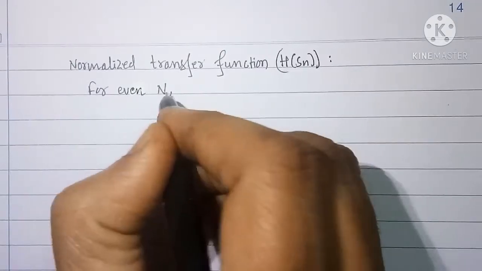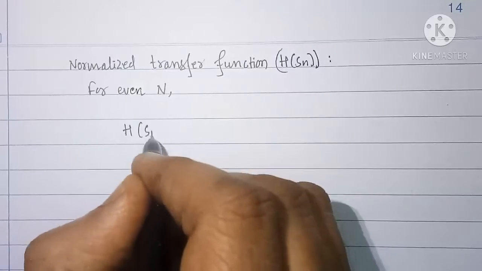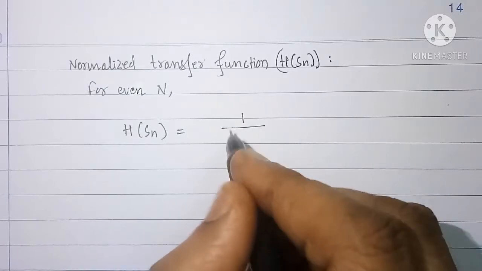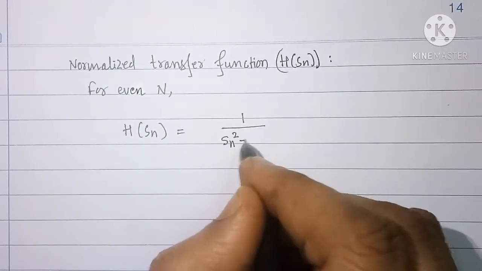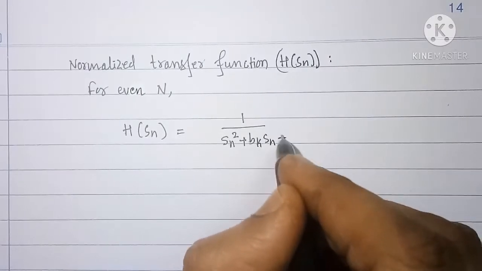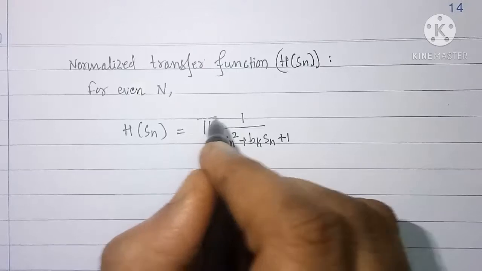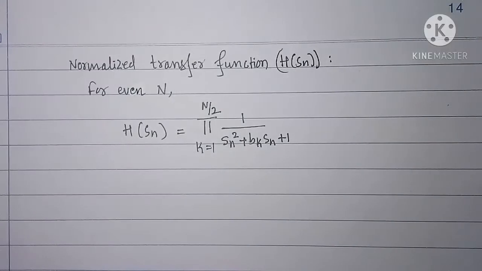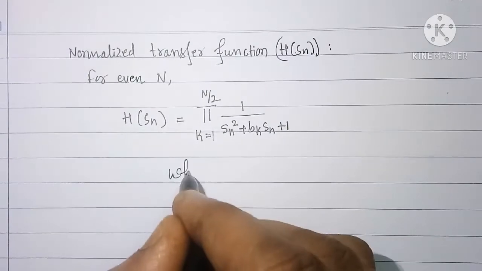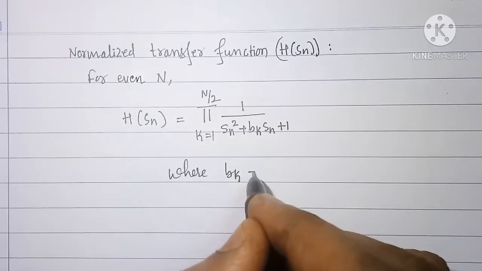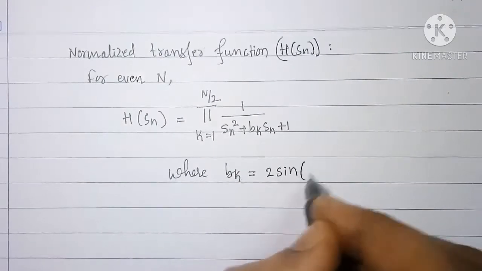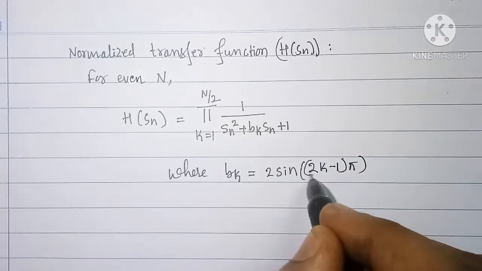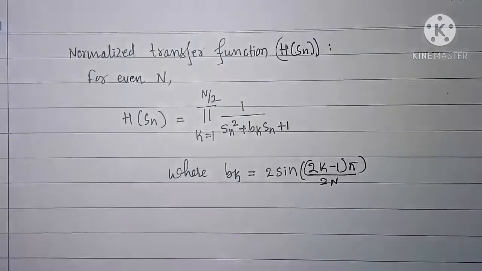For even n, we know that H of Sn is equal to product of 1 upon Sn square plus bk into Sn plus 1 for k equal to 1 to n by 2, where bk is equal to 2 times sine of (2k minus 1) pi upon 2 times n.